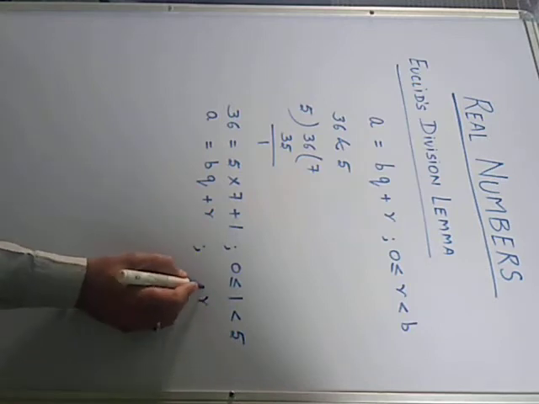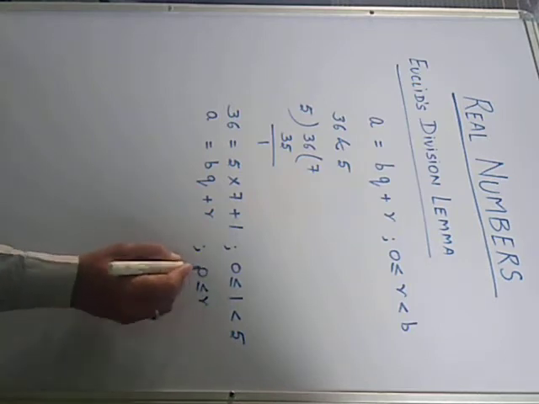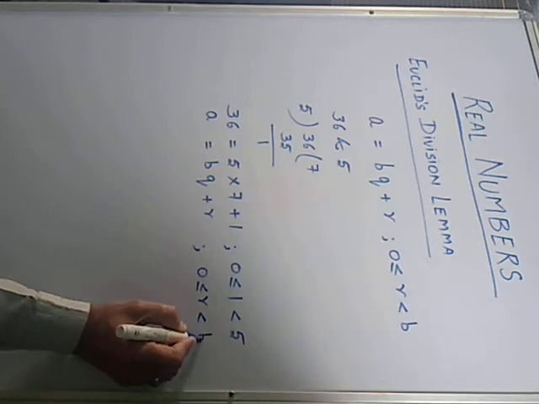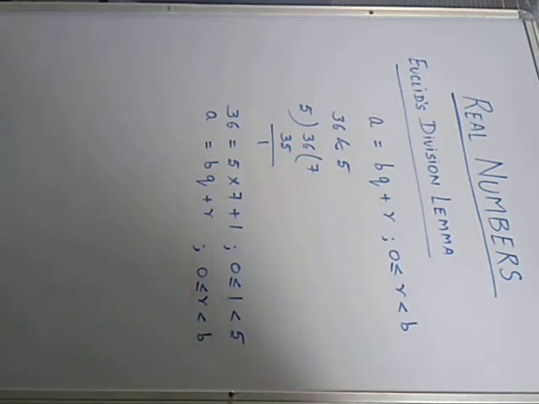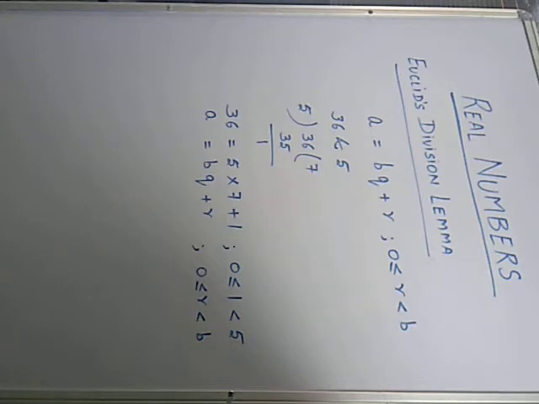So the remainder r is greater than or equal to 0 and less than b. So this is Euclid's division lemma: a equals bq plus r, where r is greater than or equal to 0 but less than b.